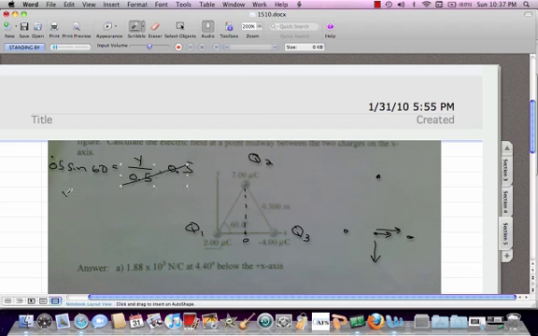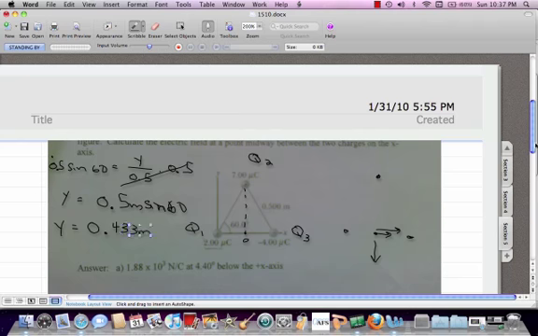Cross these out, and I get y is equal to 0.5 meters times sine of 60. So y is equal to, when you multiply out, 0.433 meters.